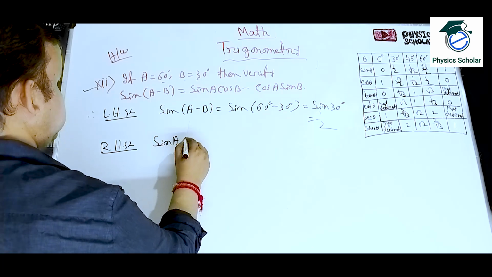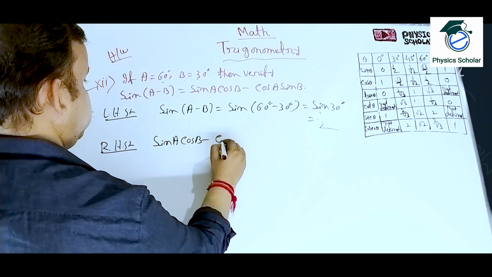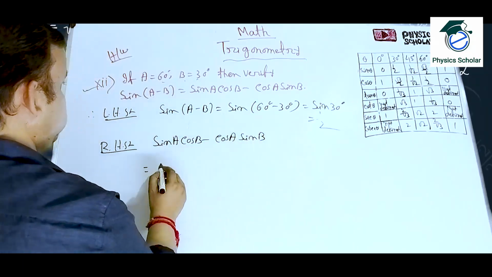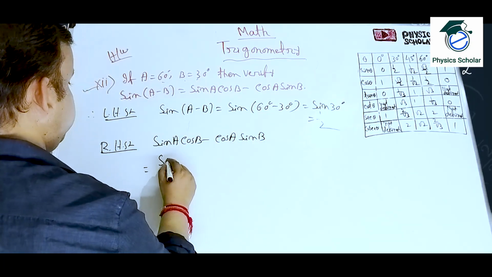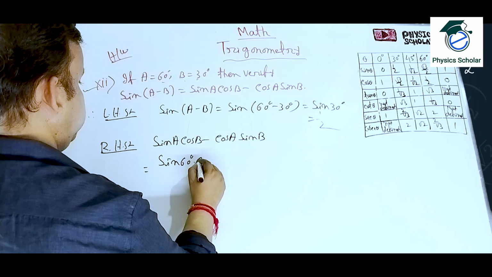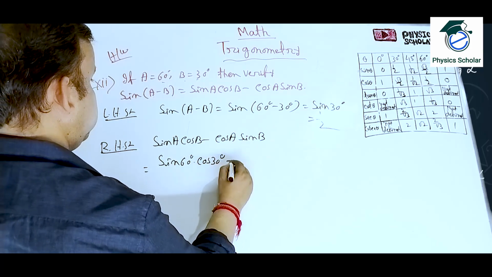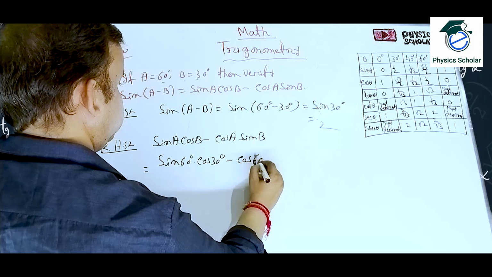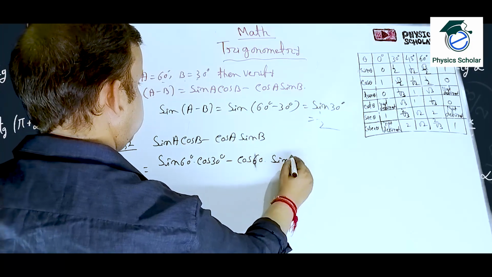Clear? So right hand side, sin A cos B minus cos A sin B, which is sin 60 degrees into cos 30 degrees minus cos 60 into sin 30.